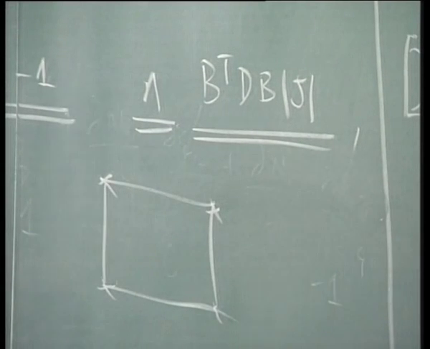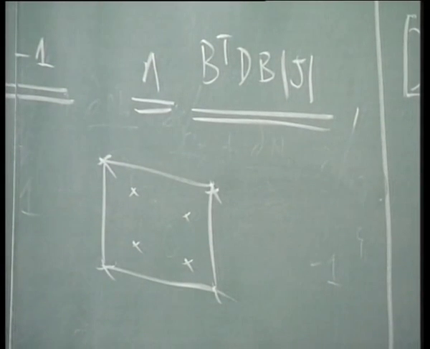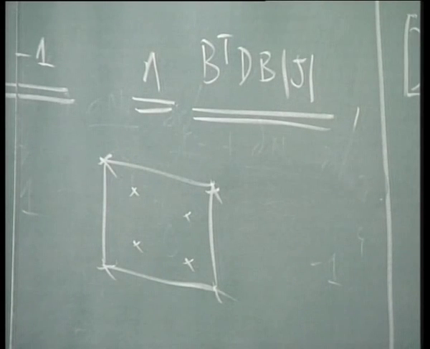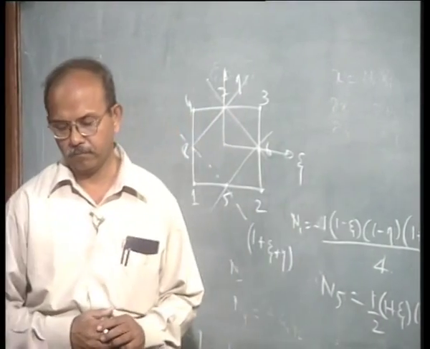For example, for this element, I can tell you that our usual 2 by 2 rule is used. The rule that I am going to use is a 2 by 2 rule.